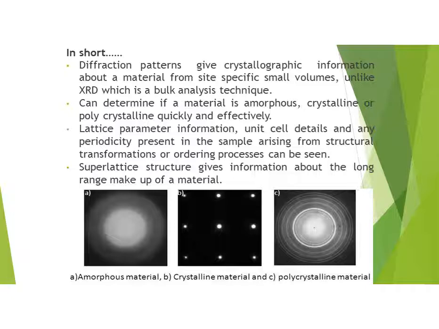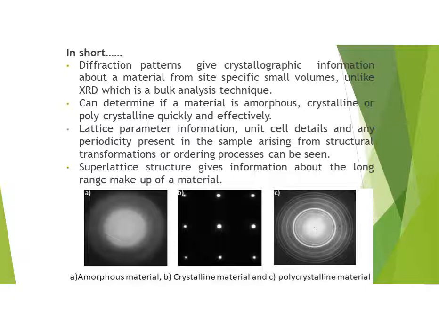Lattice parameter information, unit cell details, and any periodicity present in the sample arising from structural transformations or ordering processes can be seen. Superlattice structure gives information about the long-range makeup of materials. Here there are three diagrams of different types of material.